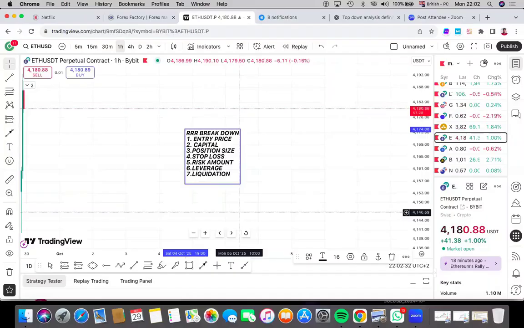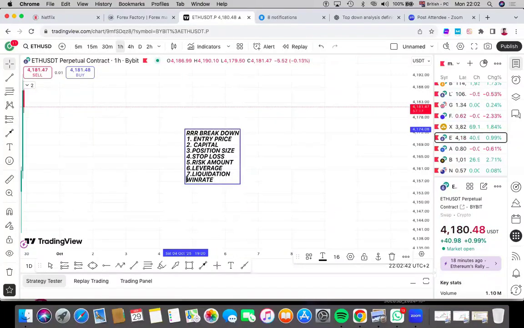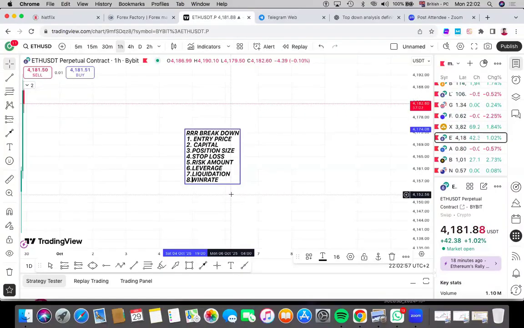And we also have our win rates. The win rate is the percentage of wins against the total number of deals you pursue.